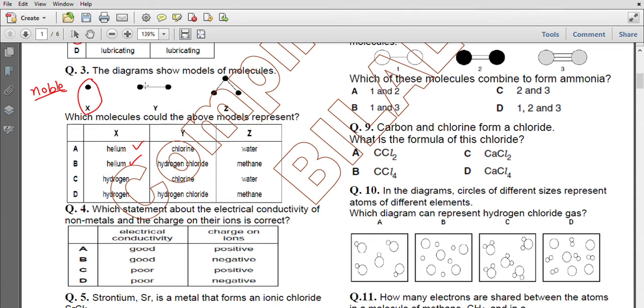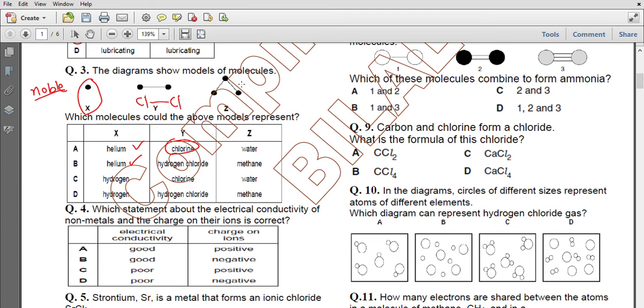Now Y is the bonding between two similar atoms, and chlorine is a diatomic molecule, so there should be similar atoms sharing electrons with each other, and may have the structure Cl bonded with a single bond with another Cl.